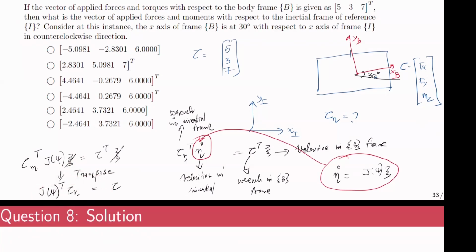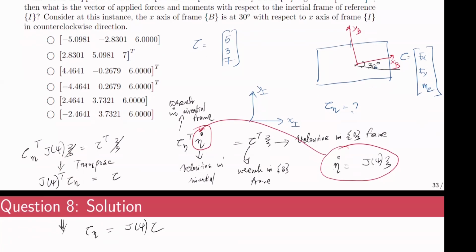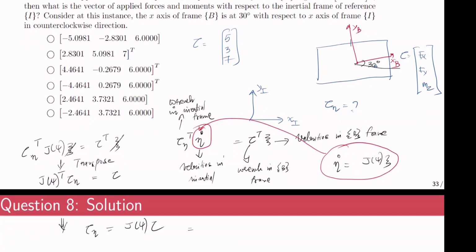So this would in turn result in tau eta as J of psi multiplied by tau. So J of psi, you can basically assemble the Jacobian matrix, because the orientation is 30 degrees: cos 30, minus sine 30, 0, sine 30, cos 30, 0, then 0, 0, 1.